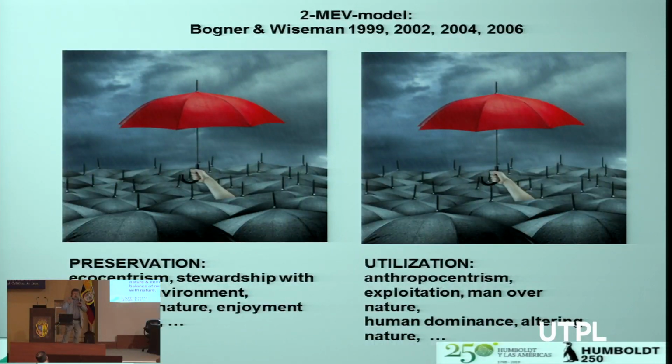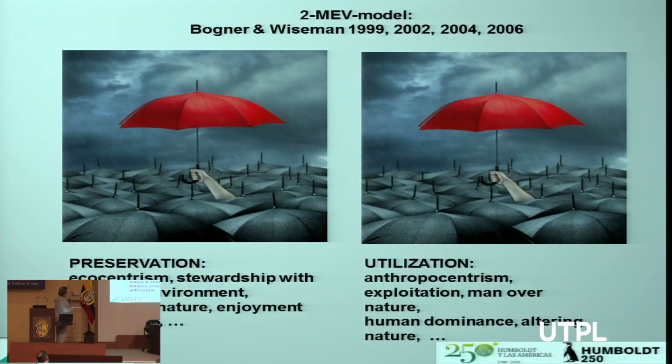Just to summarize, I think this picture is the best way to summarize it. Here we have the 2 values, preservation, utilization. Then we have several umbrellas under that. Remember the Australian, the New Zealand guys, they took 12 umbrellas. Our first publication, 1999, came out with 5 umbrellas. That means these are primary factors, and under the primary factors are the items.